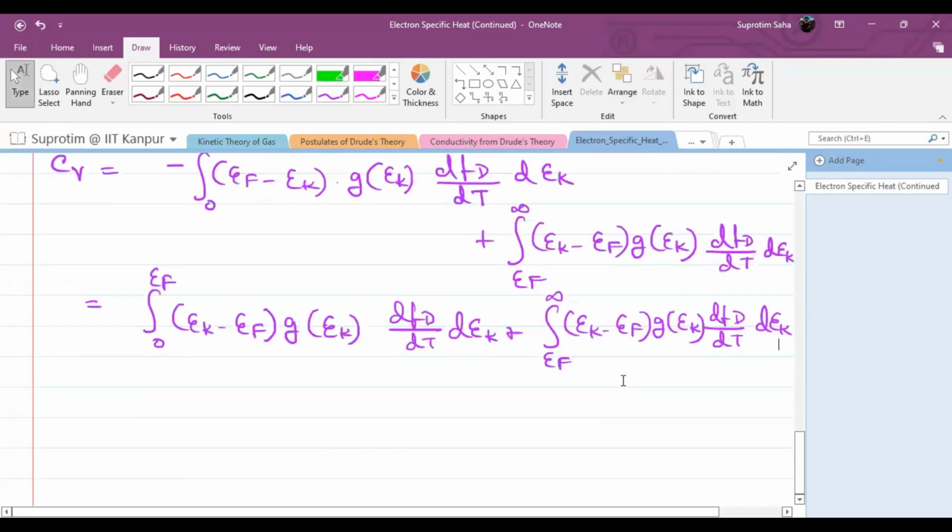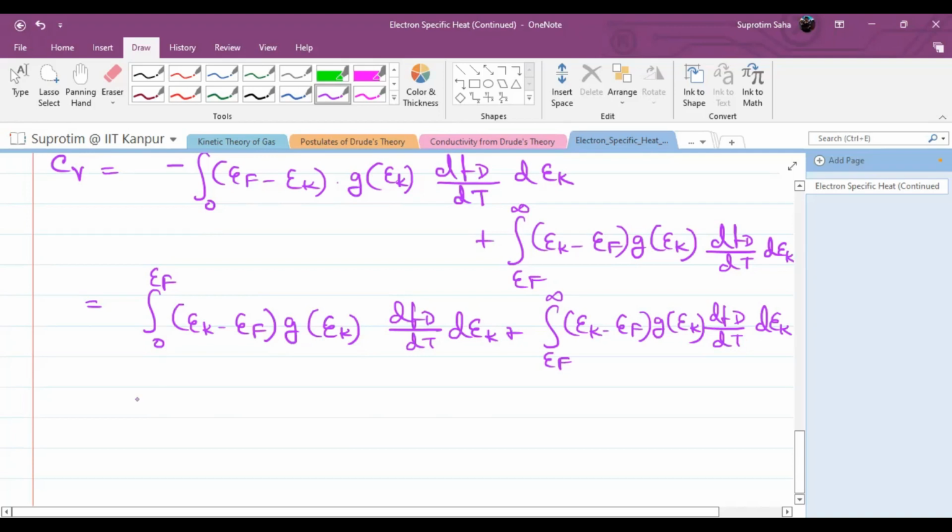All right. So now you see that this is so simple that you have basically the same term. This is just two intervals of the broader interval. Incidentally, we see that we have a result where the integrand is the same, but the two intervals are just split-up intervals of the greater interval. Like, say, from 0 to infinity, we divide it into 0 to EF and EF to infinity.